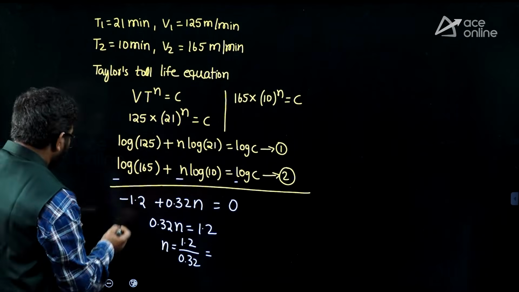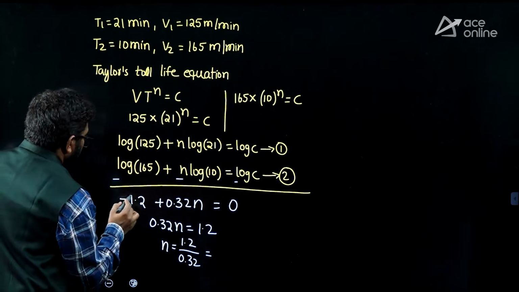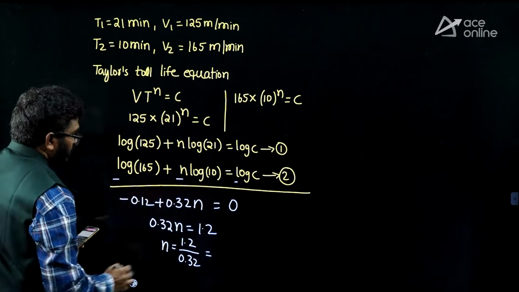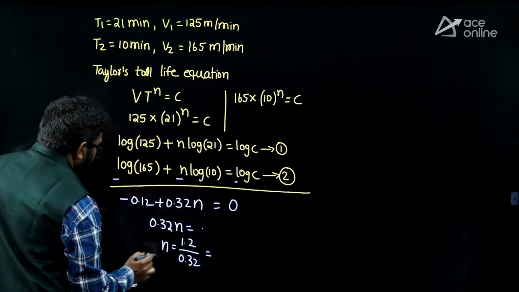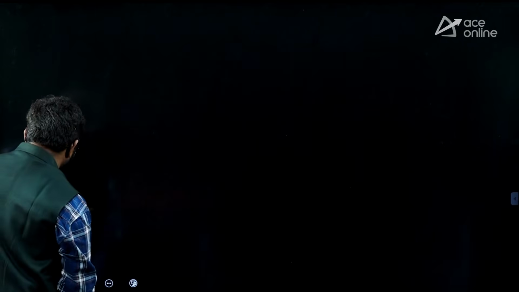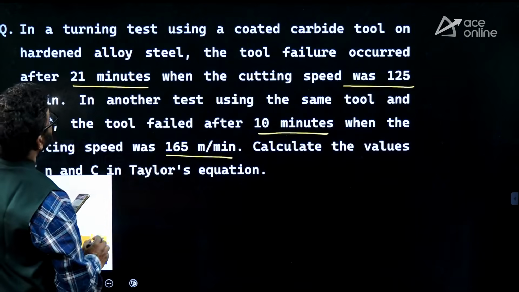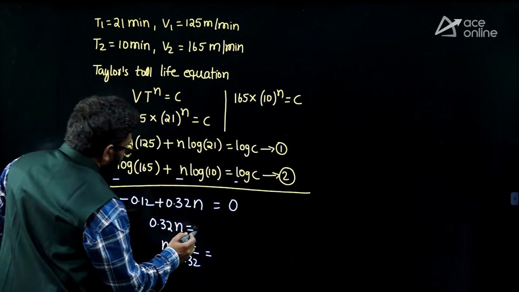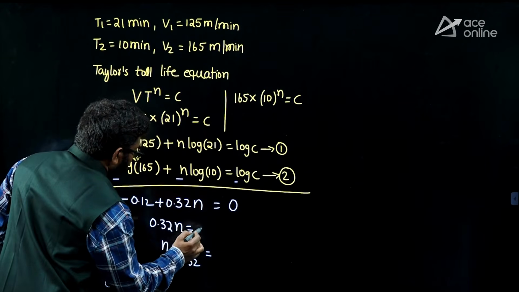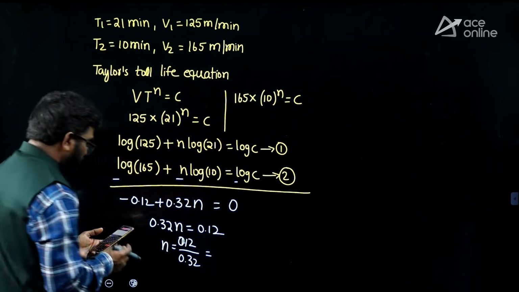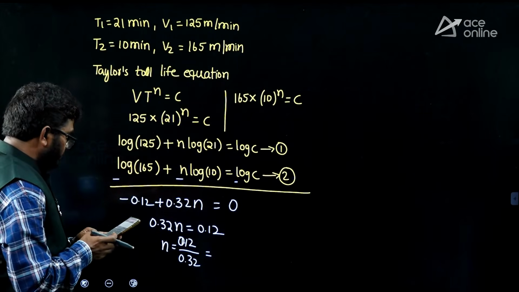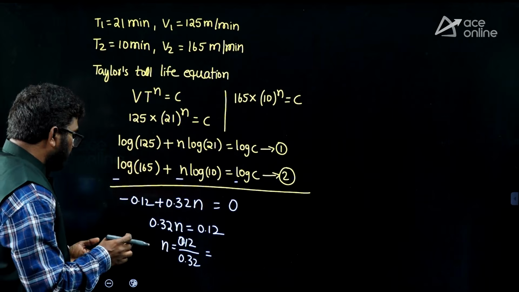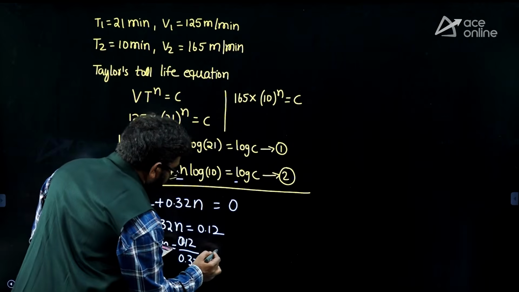This is 0.12, not 1.2. So now you can take 0.12 by 0.32, and you will get approximately 0.375.